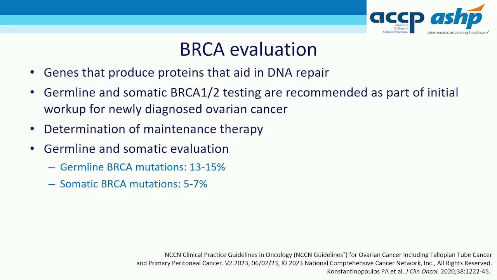Therefore, if they're unable to repair it, they tend to be very, very sensitive to our platinum agents. And with this, we also want to know this because we want to know whether or not they qualify for any sort of maintenance therapy, and if so, which agents would they qualify for. When we look at germline and somatic testing, germline BRCA mutations are found in about 13 to 15% of ovarian cancer patients. Somatic BRCA mutations, a little bit less, at only about 5 to 7%.